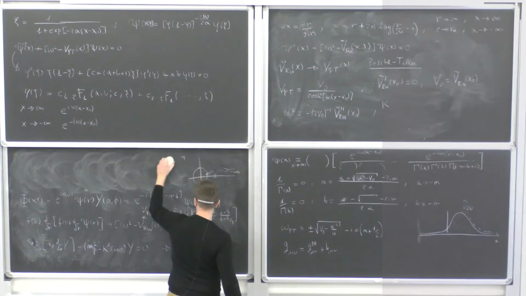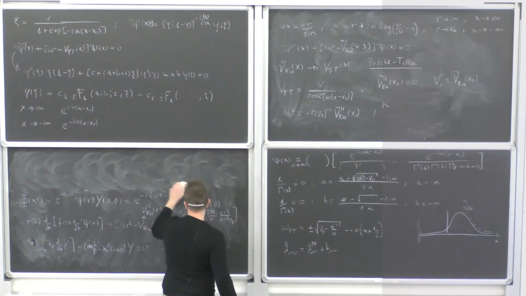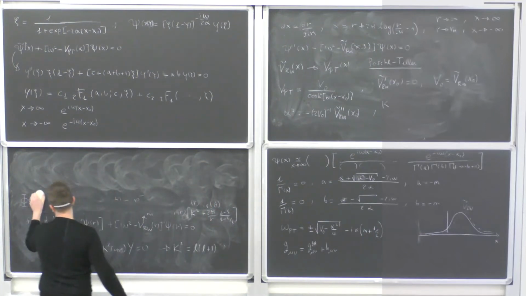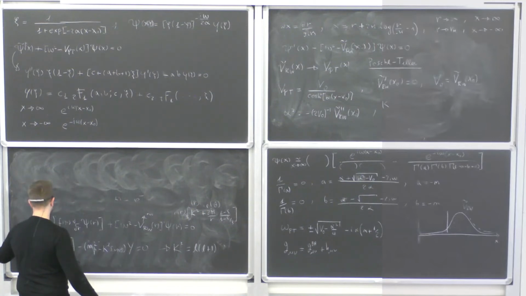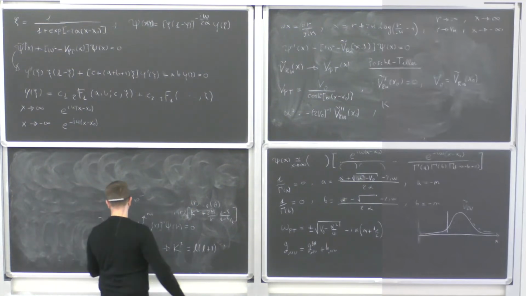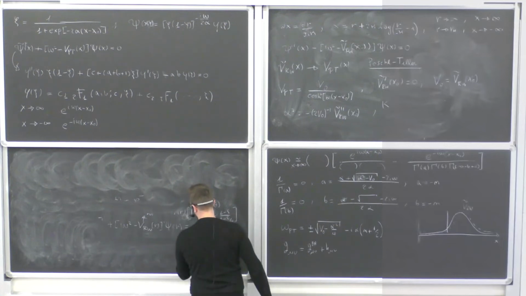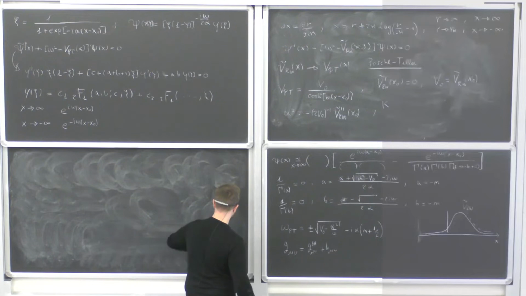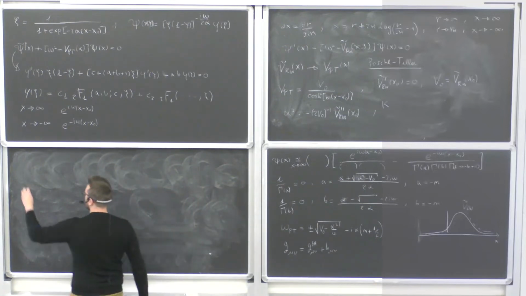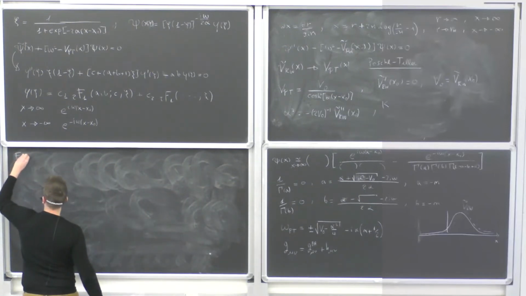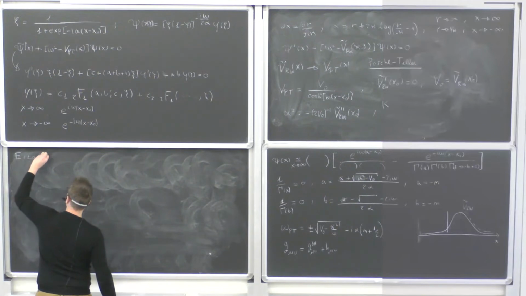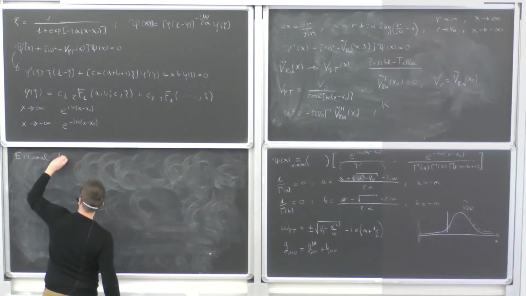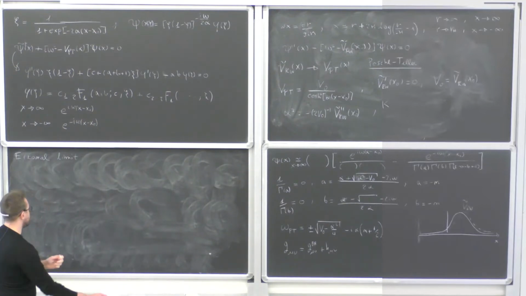Briefly discuss the eikonal limit of the scalar perturbation. Okay, so in the eikonal limit, we are considering large momenta, so basically K is very large.